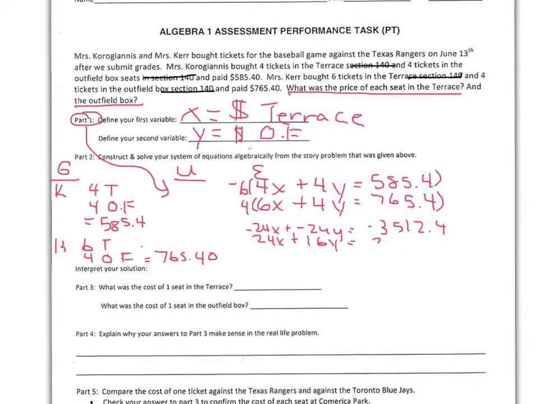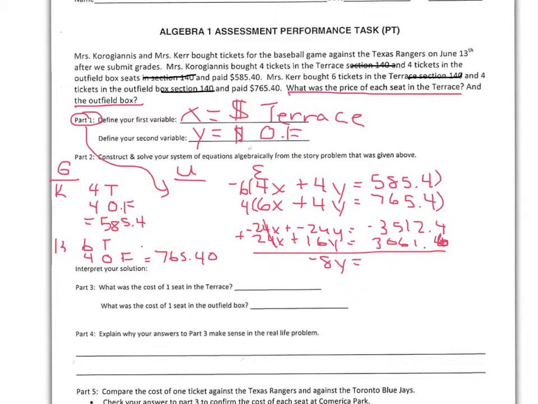You get 3,061.6. So then you add the equations together. The x's eliminate, you get negative 8y. And then negative 3,512.4. And this is actually a 6. I'm sorry, guys. That should be a 6.